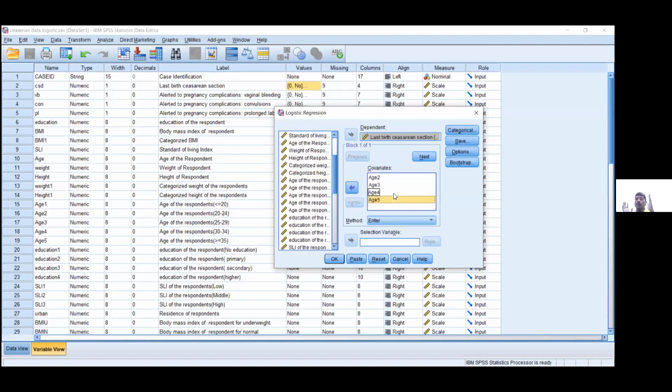Whatever number of categories you have made, one category should be excluded. If 5 categories are there, you exclude 1 category, and then the software provides the risk for the other categories. The excluded category will become the comparison group. So our finding says this is the risk in comparison to the group which is excluded.